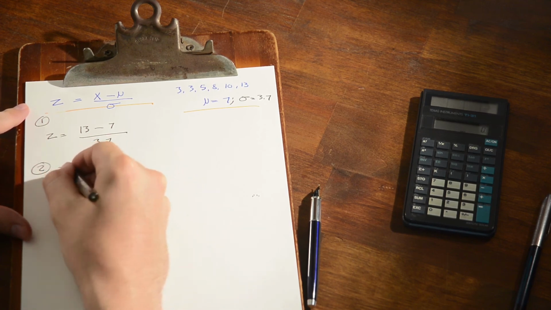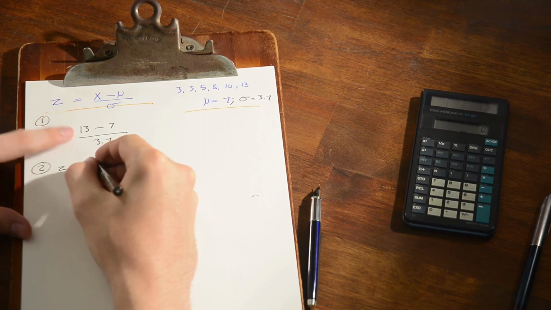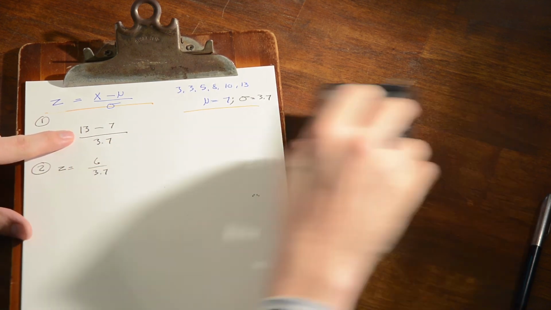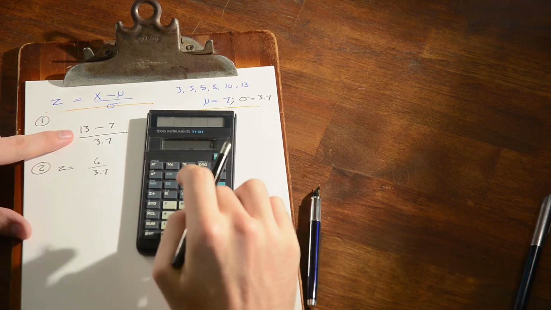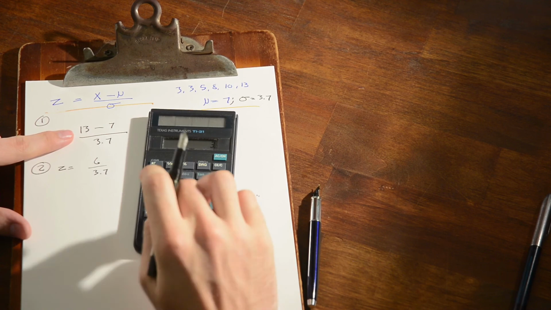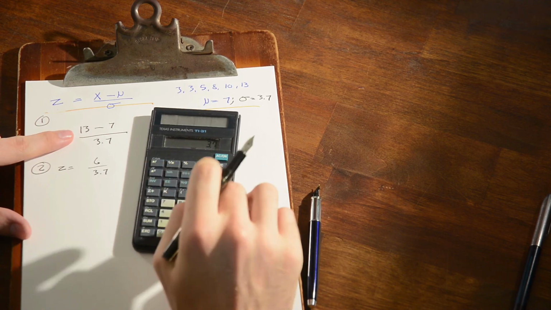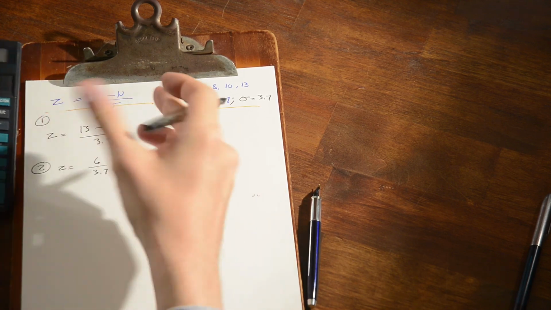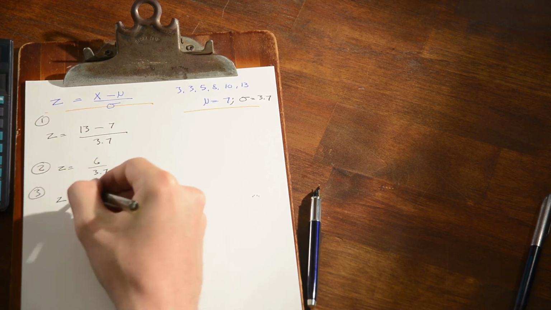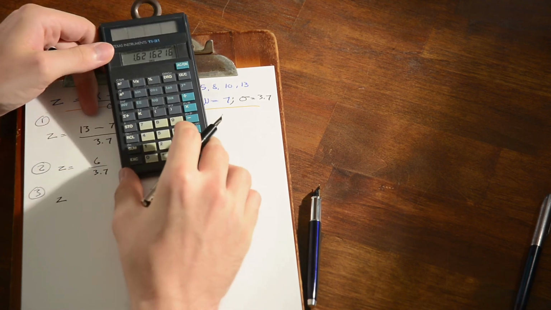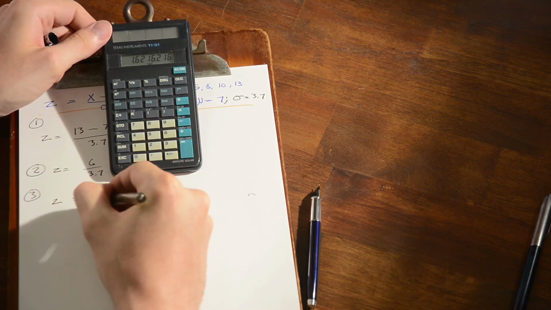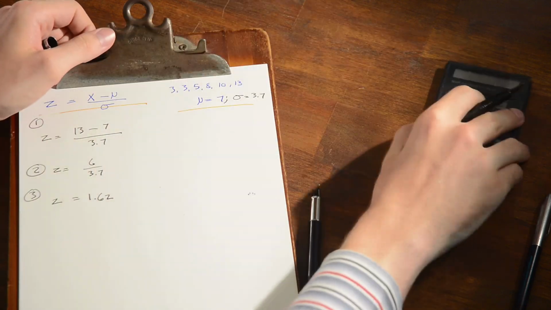We still have z is equal to, in this case, 6 over 3.7. We take that, we calculate it, 6 divided by 3.7, and we end up with step 3. Z is equal to, leave this in the frame for you, 1.62.